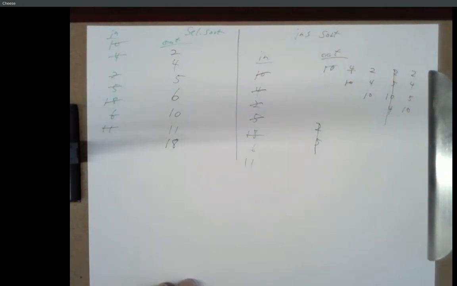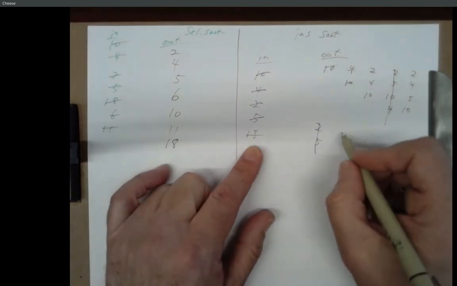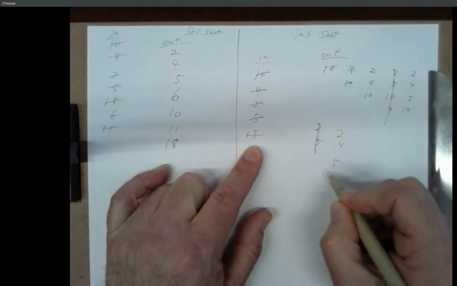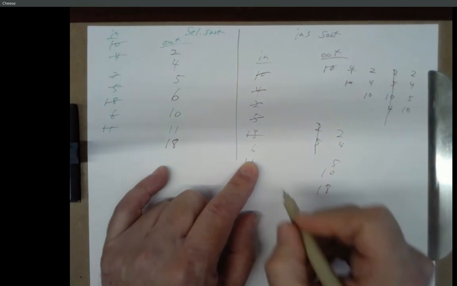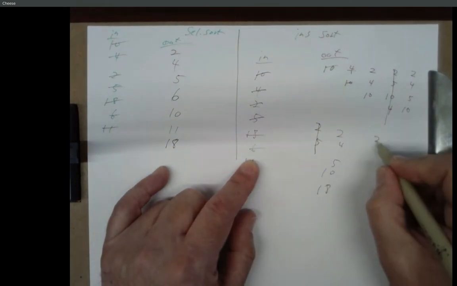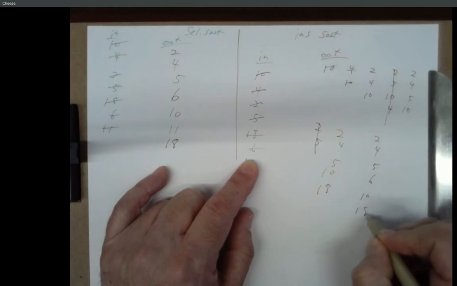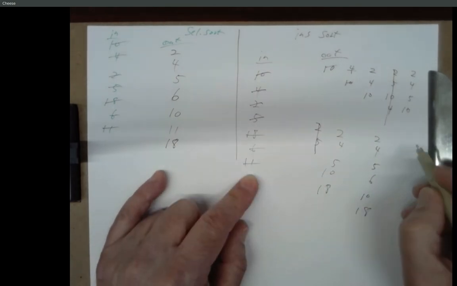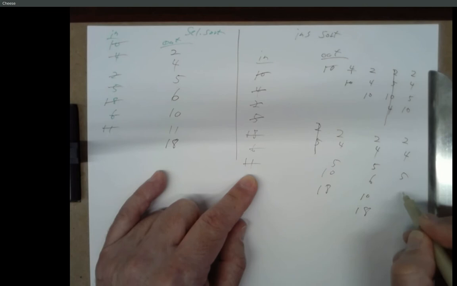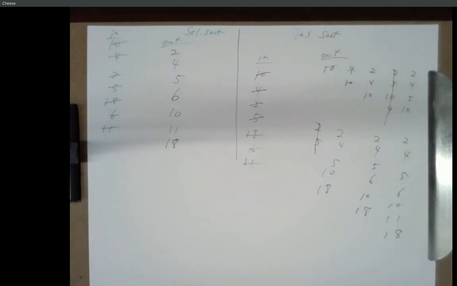Okay, grab the 18, that's going to get inserted at the end. Grab the 6, that should get inserted after the 5. And then grab the 11, that should go in after the 10. And there's our sorted output.